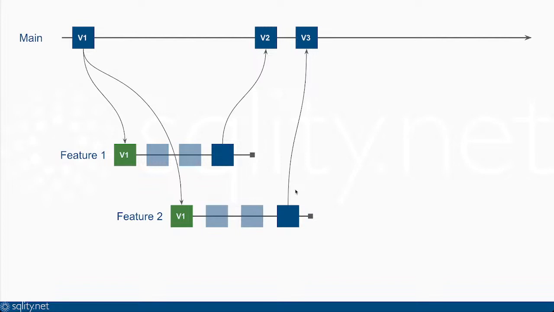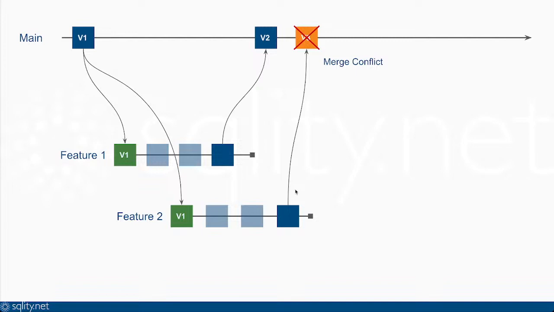And that works really great until there is something that is called a merge conflict, where a change in feature 1 that got published in version 2 conflicts with a change that happened in feature 2. Now, I have to say, modern version control systems are really good at making those merge conflicts rare.